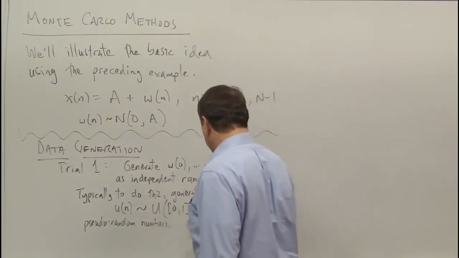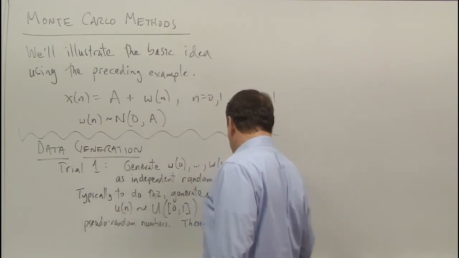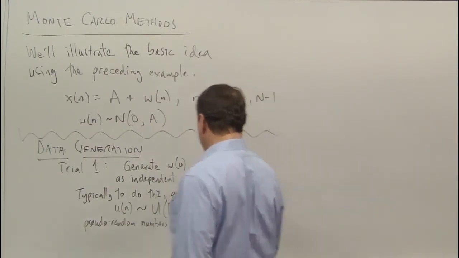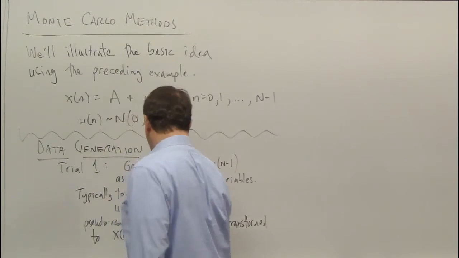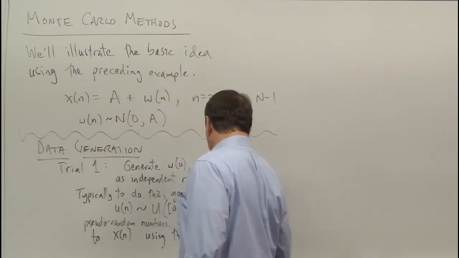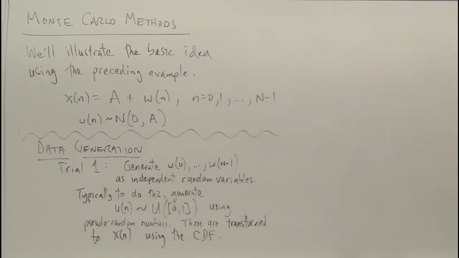And then these are transformed to the random x's using the cumulative distribution function for the random variable x.